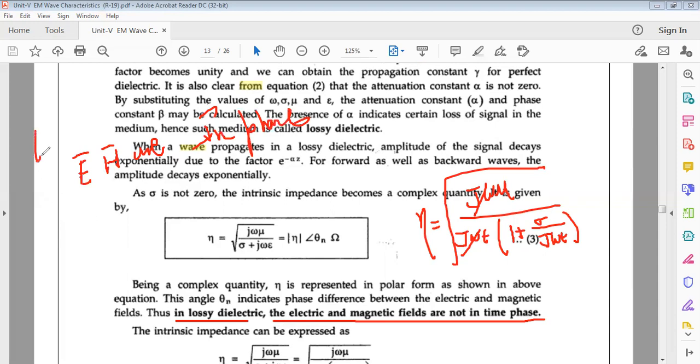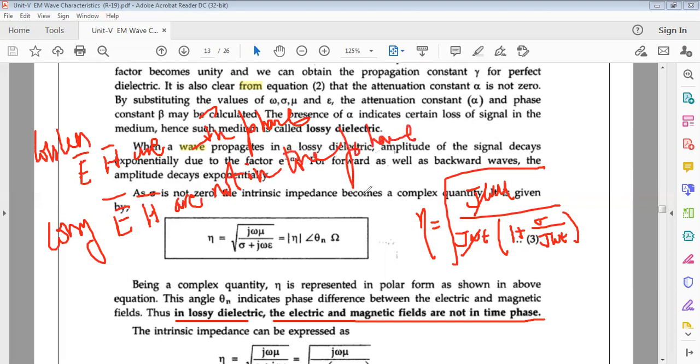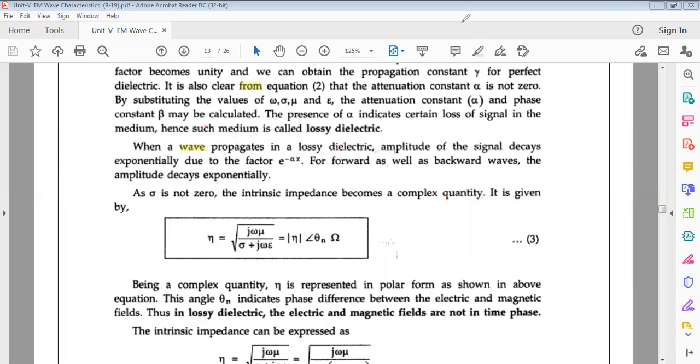But in the lossy dielectric, E bar and H bar are not in time phase. Okay, got it, my friends.